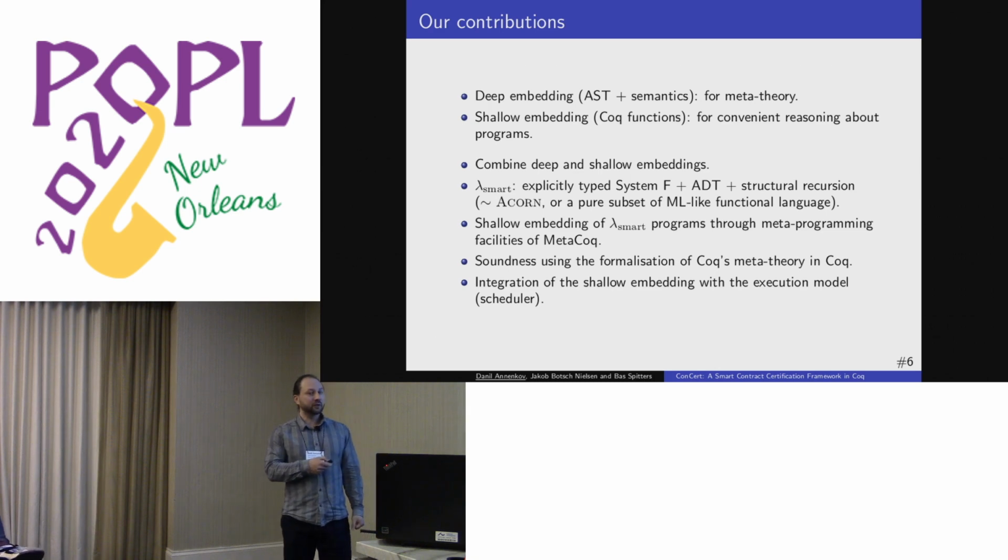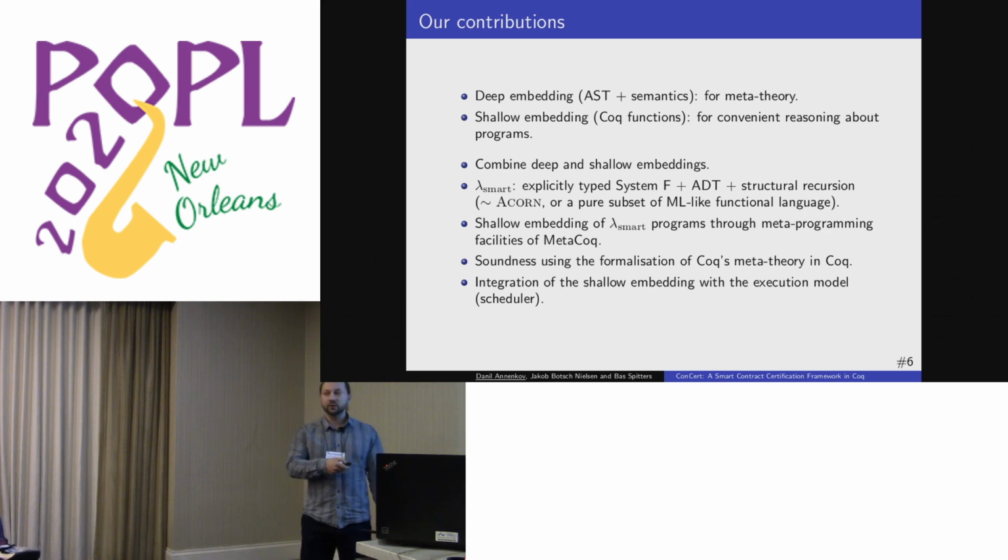For that purpose, we define something called Lambda Smart, which is essentially an explicitly typed System F with inductive data types and structural recursion. You can think of it as a fair subset of Acorn, or a pure subset of an ML-like language. We use MetaCoq for this deep embedding, which is an AST.